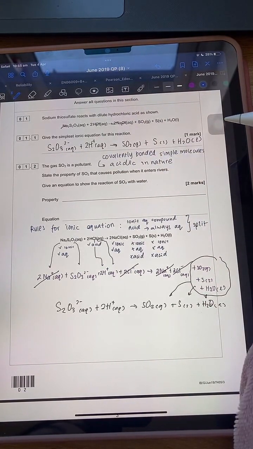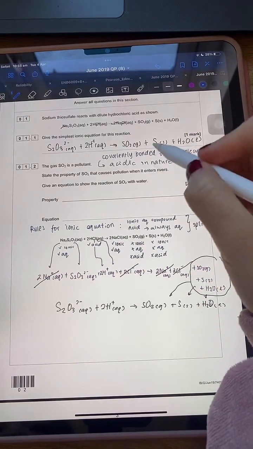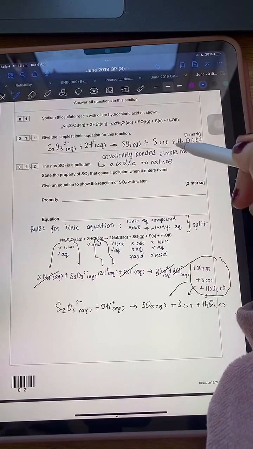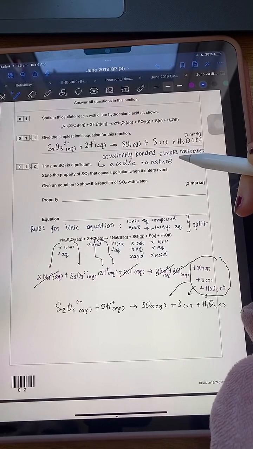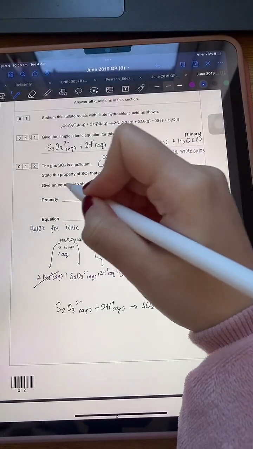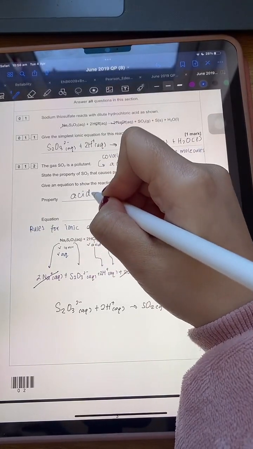Which means if you have covalently bonded simple molecules and they're acidic in nature, then the property must be that they are acidic.